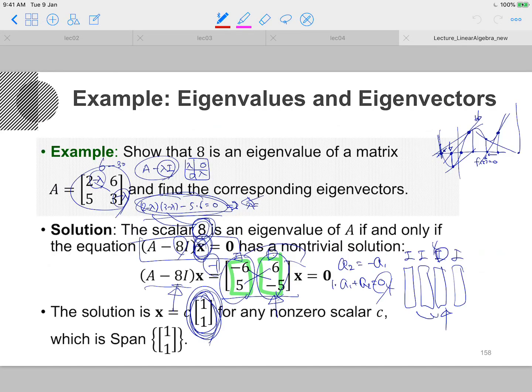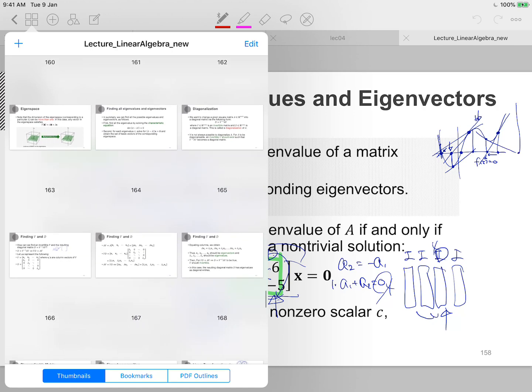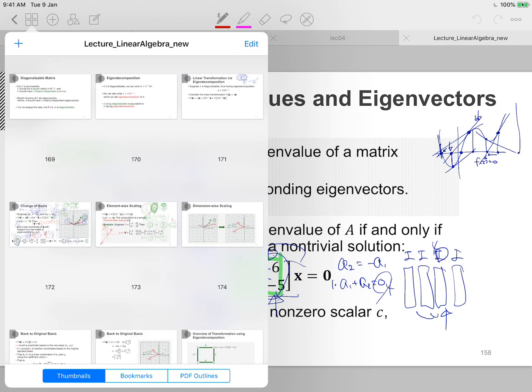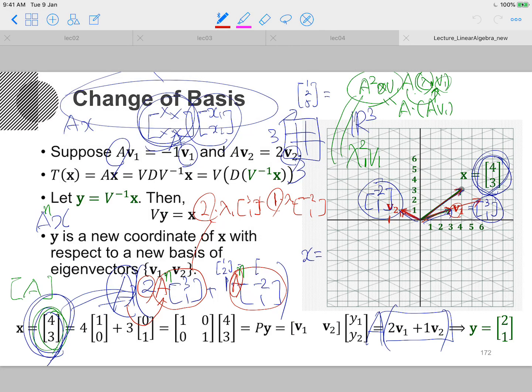So we had some other lecture material about singular value decomposition, right? And then we discussed this change of basis, right? So when multiplying the matrix A, we decompose it into 3 parts as a result of an eigen decomposition or singular value decomposition.